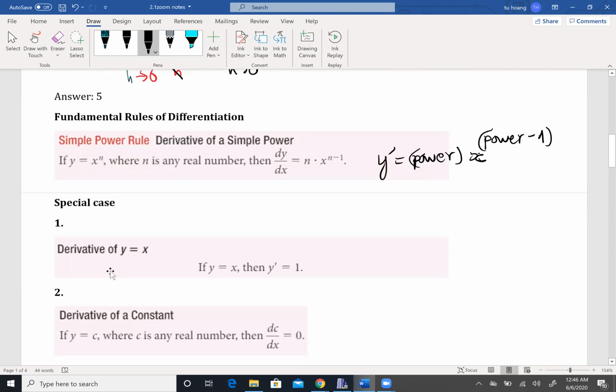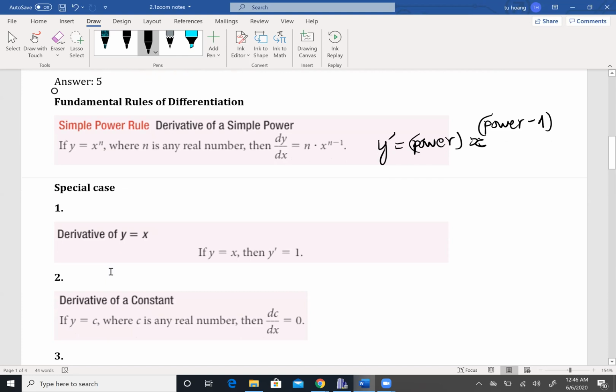Now I'm gonna introduce you to some special cases. First one, I'm gonna talk about the derivative of y equal to x.